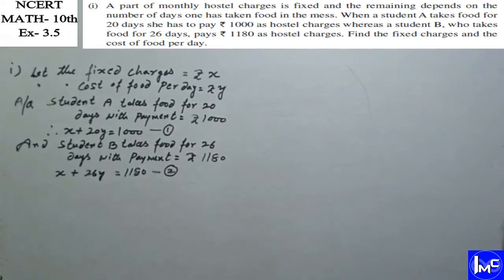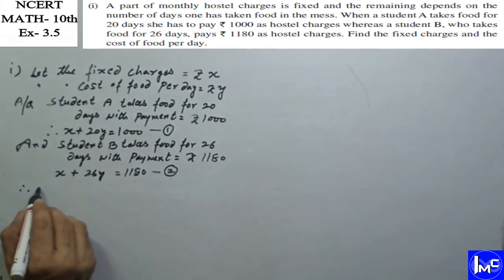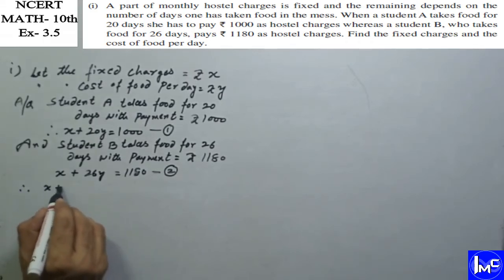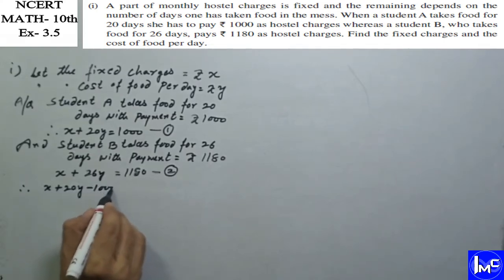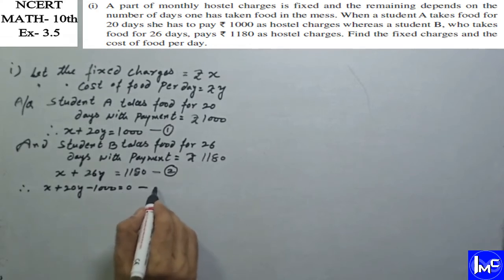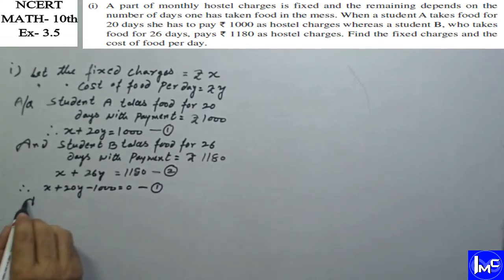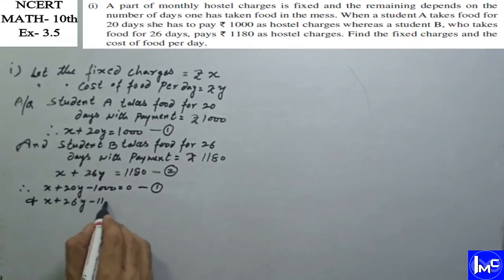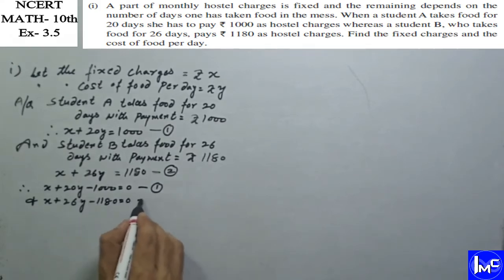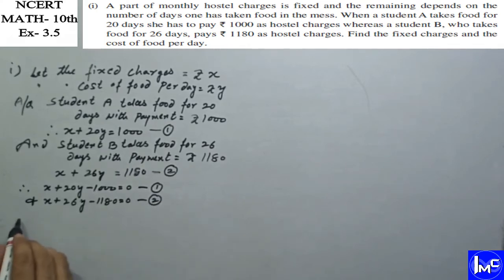Now we will use the elimination method for solving the equations. Now we will take two equations. Therefore, x plus 20y minus 1000 is equal to 0, that is the first equation, and x plus 26y minus 1180 is equal to 0, that is the second equation.